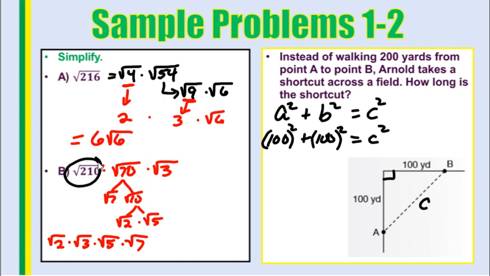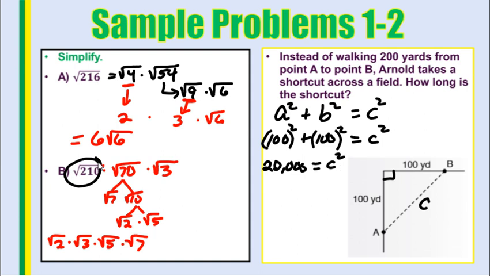So 100 squared plus 100 squared would give us 20,000. This would equal c squared.